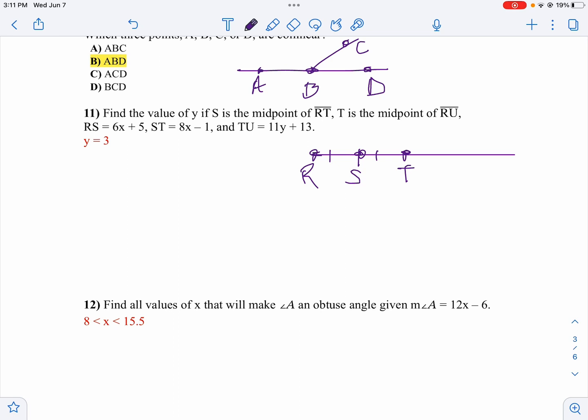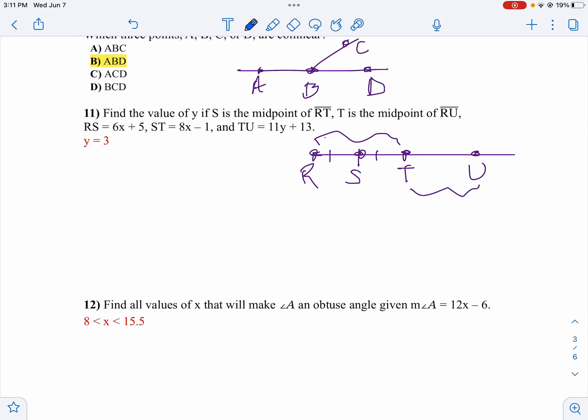And then T is the midpoint of RU. So I'm going to put U right over here, have them be about the same. So I know RT and TU are the same. Now let's look at what I'm given.